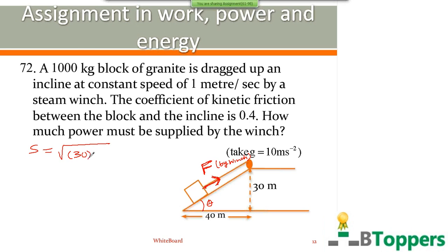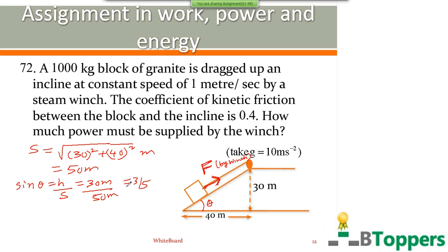So here, let theta denote the angle of inclination of the inclined path to the horizontal. So the magnitude of the displacement or length of the inclined path will be equal to square root of 30 square plus 40 square in meters, or 50 meter.